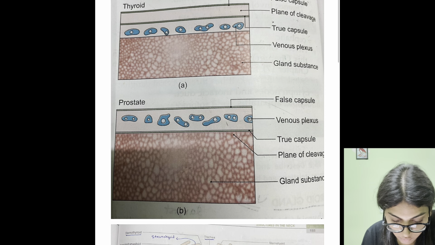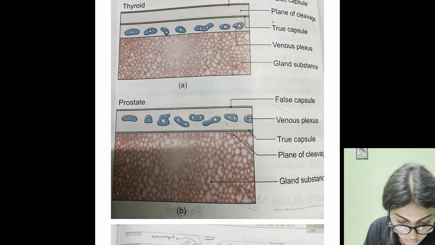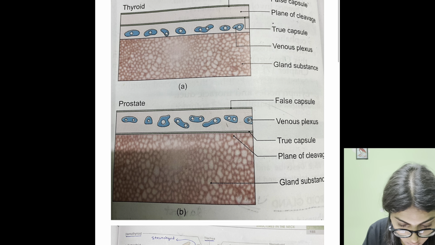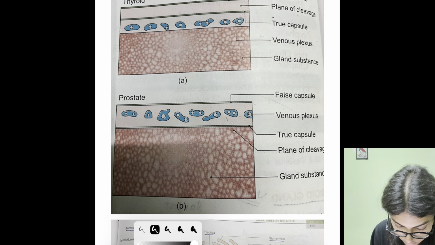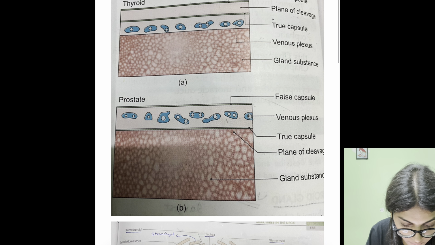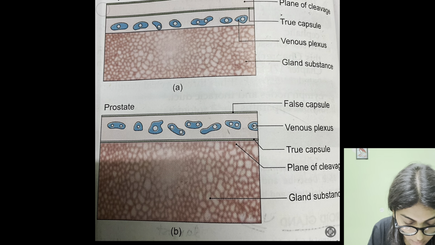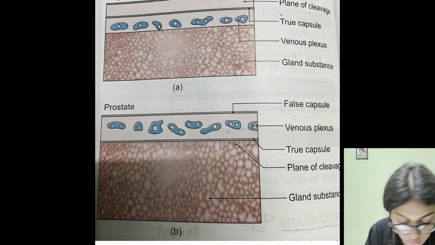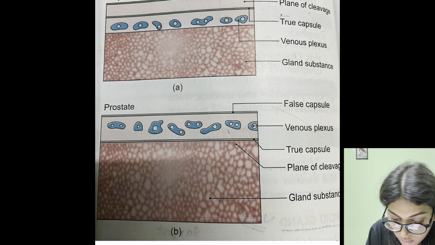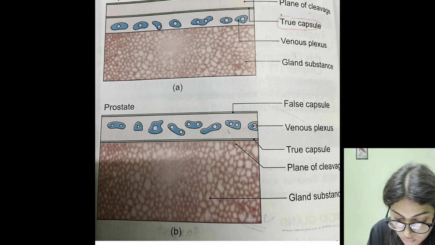If we talk about the capsule, this is our false capsule, which is the outer one, and this is our true capsule. In the true capsule, there is a venous plexus present.